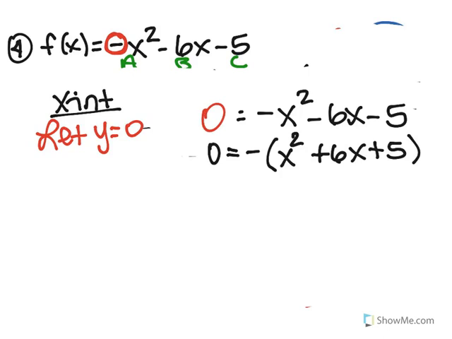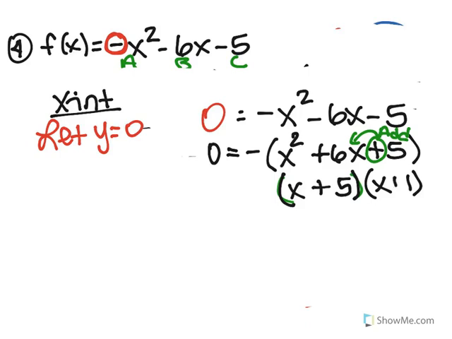So I am adding to get my 6. Very simple. You don't have a one factor, 5 and 1, both of them positive. Now, this negative on the outside has nothing to do with the inside of this parenthesis. So you just throw it away, disregard it.